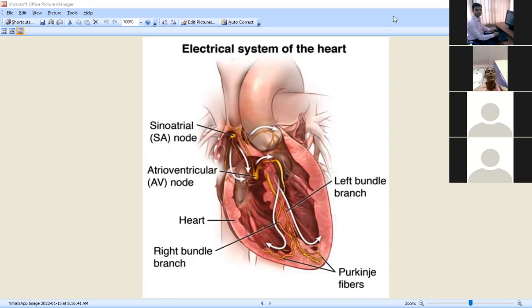They are phagocytic in nature. Phagocytosis means they have the capacity to engulf foreign substances. So in this way, thrombocytes or platelets play an important role in blood clotting.